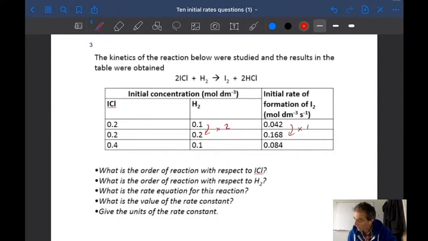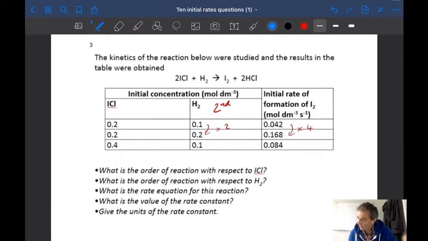It's going up 4-fold. So it is second order with respect to hydrogen. I'm just going to put second in there. But obviously you would word it: from experiments 1 and 2, the H2 concentration times 2, rate times 4, therefore second order. Just trying to speed things up a little bit for you.